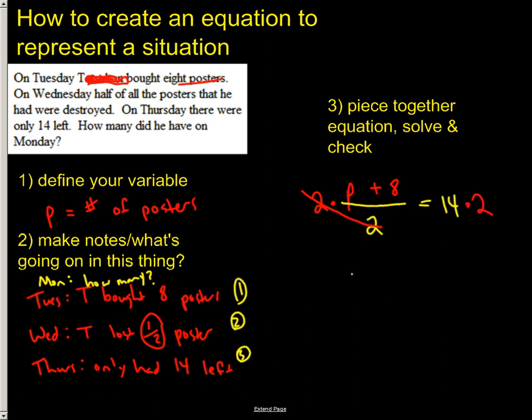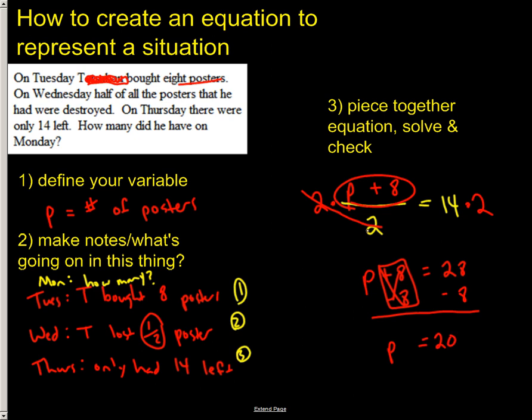Multiply the other side by 2. This P plus 8 is left over. It's freed now. P plus 8 equals 28, minus 8, minus 8. P will equal 20.